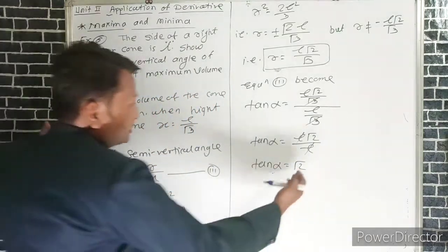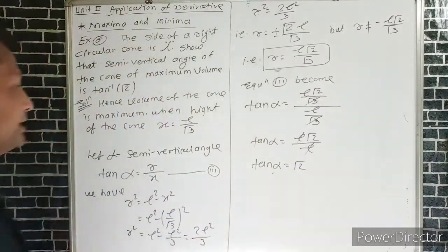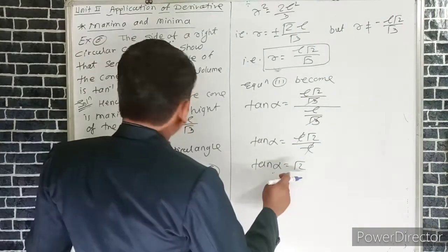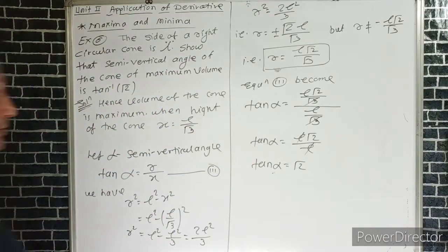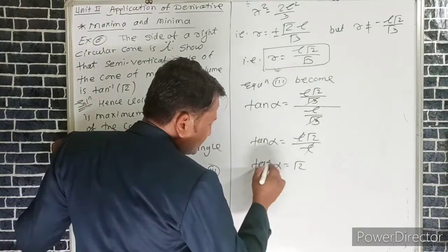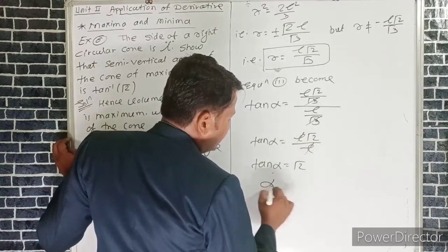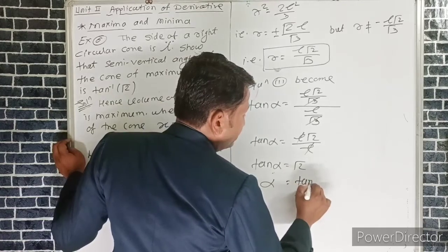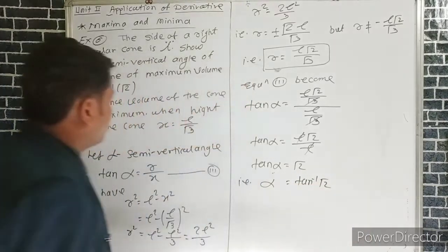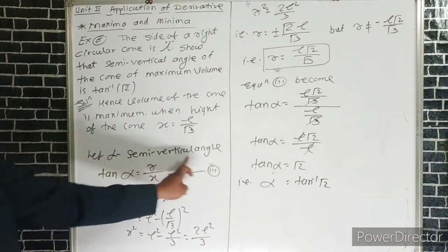If we shift this tan to the right side, we can write alpha is equal to tan inverse of under root 2. Here we consider alpha as the semi-vertical angle.